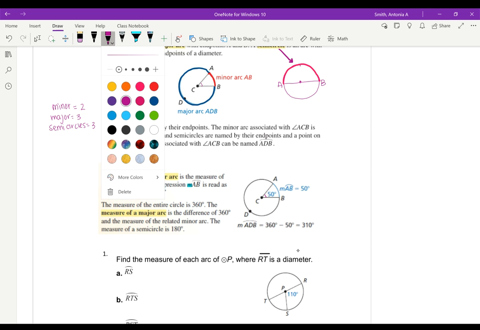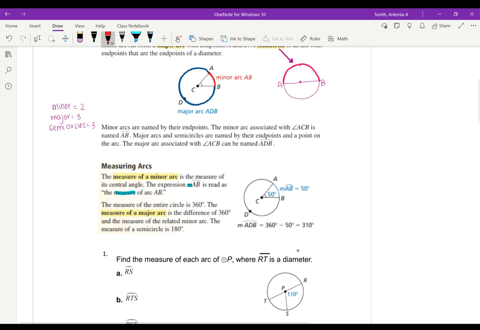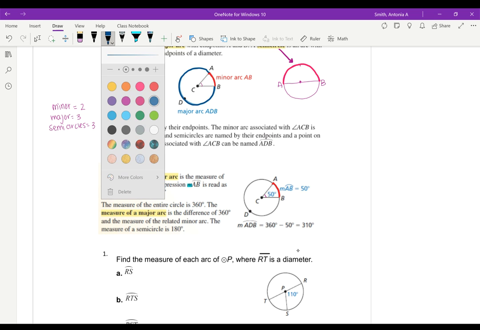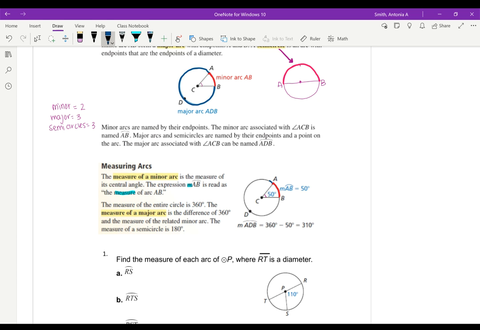Okay. So let me get my colors out here again. So in this picture right here, here is a minor arc. And it is 50 degrees because that's how big the angle straight across from it is. From A to D to B is the major arc that is associated with this minor arc.